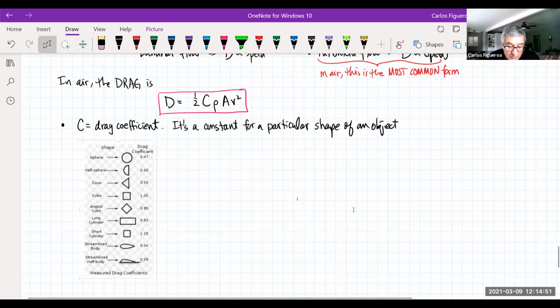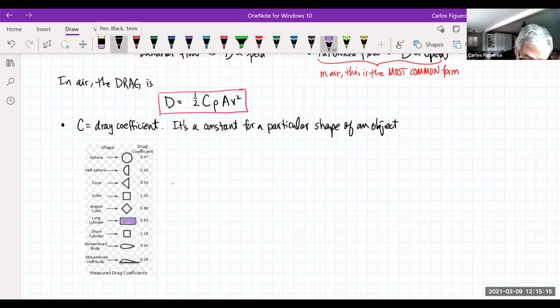You could see here, let's look at a cylinder. So if I have a cylinder, let's say you get something like this here.